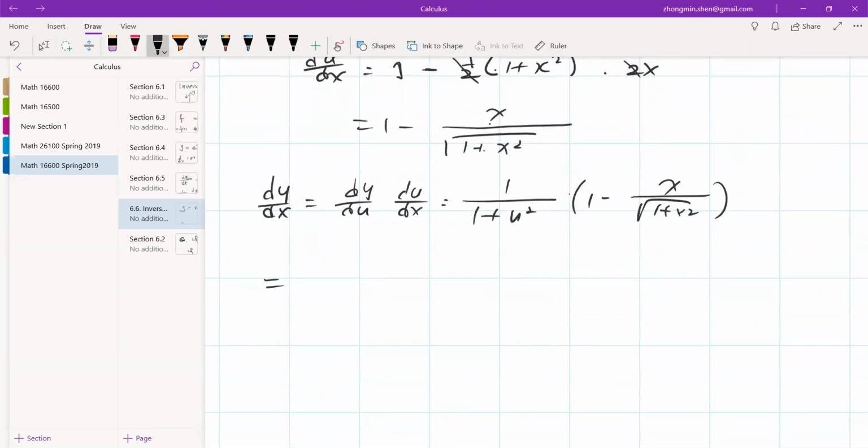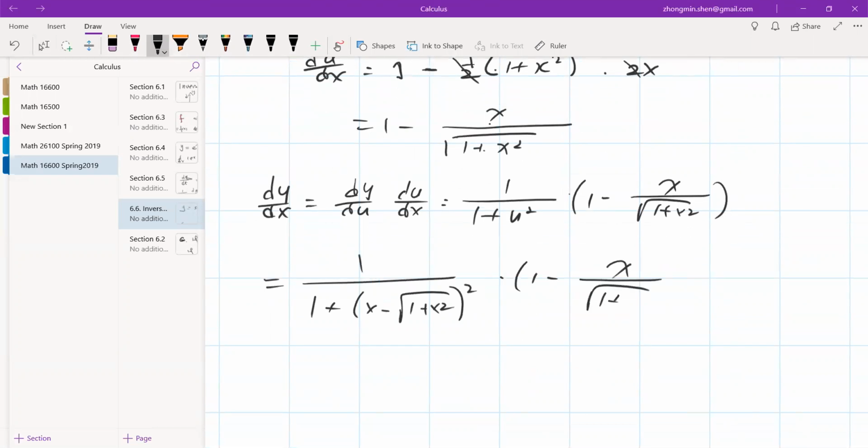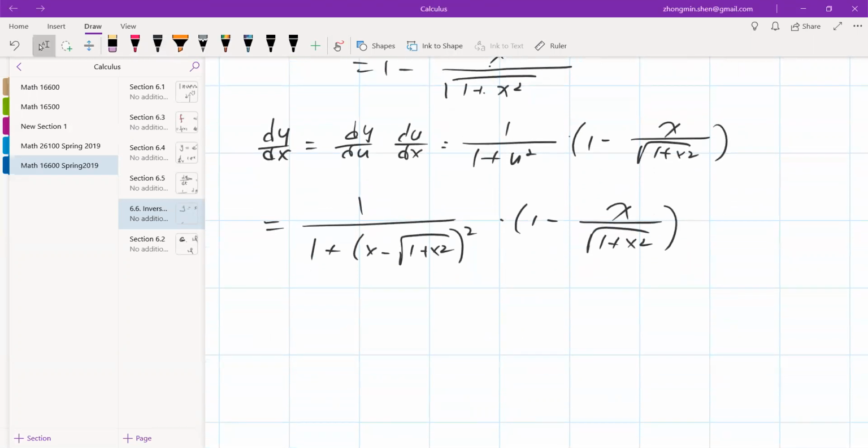So we have to simplify all this. It's 1 plus x squared and a square. Yeah, I'm not sure we can simplify it further.